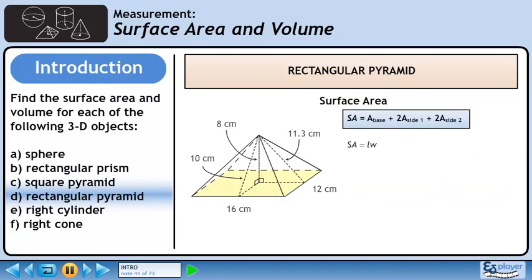The base is a rectangle, so the area is length times width. The face of a pyramid is a triangle, so replace the area of side 1 with 1/2 base times height. Replace the area of side 2 with 1/2 base times height as well.